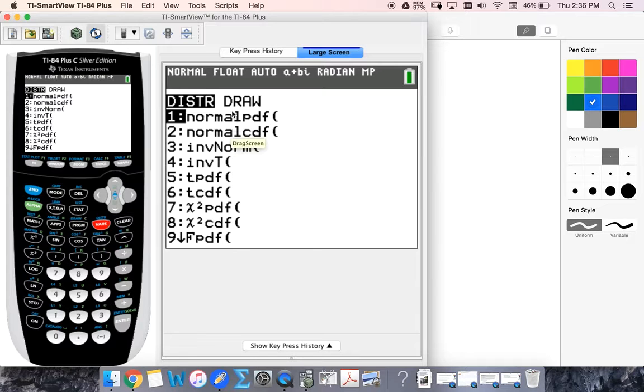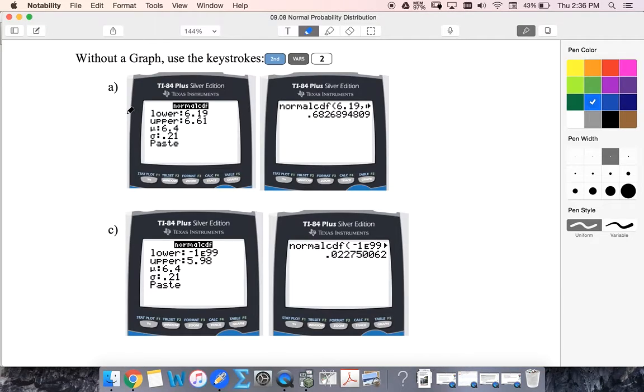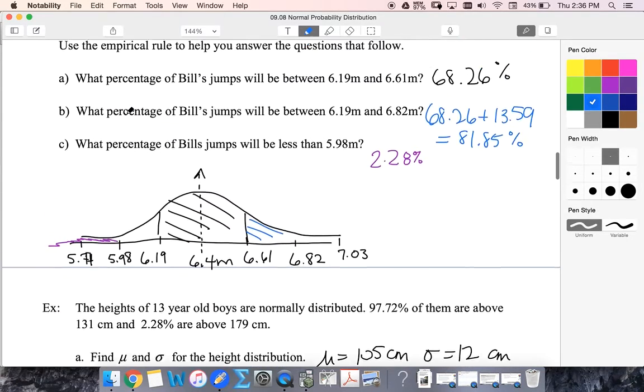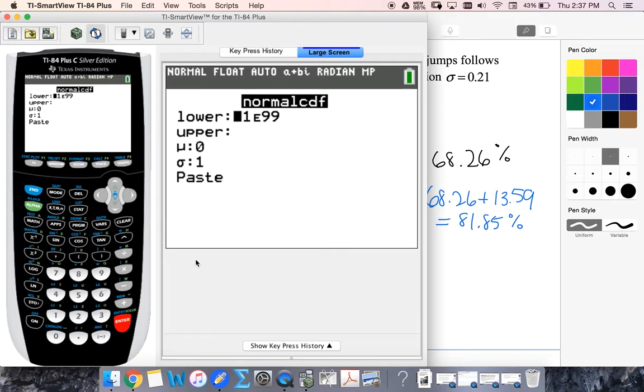So you're not ever really going to use norm PDF. But what we're going to do if we've got between two values is norm CDF. So we'll click on this one. Our lower bound is always going to start at whatever the lower bound is. For that first example with Bill, the lower bound was 6.19 because I was starting at 6.19 and going up to 6.61.